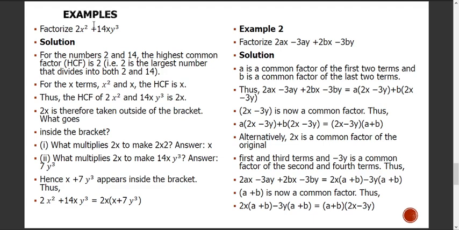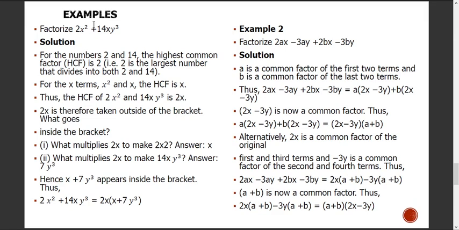So we pull out the a in the first two terms, and we have a into 2x minus 3y. Then b is also common in the next bit of the expression. So we pull out b and we are left with 2x minus 3y. This gives us a plus b into 2x minus 3y.